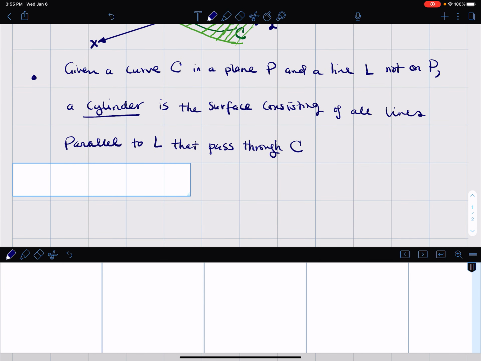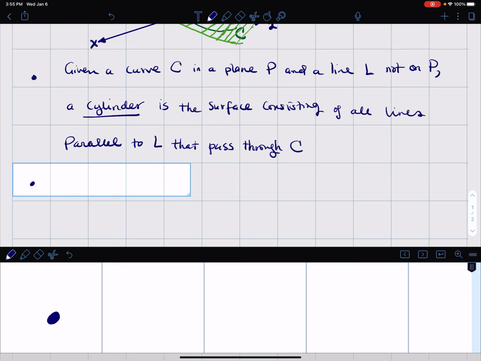One thing I want you to note about a cylinder is that it has an equation. And one way of knowing that an equation is that of a cylinder is that there is a variable missing. What do I mean?